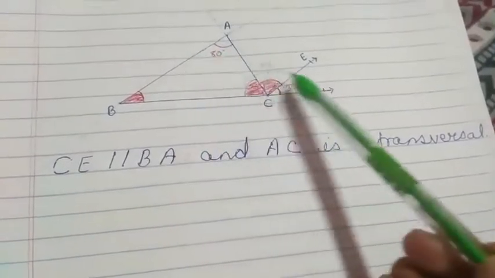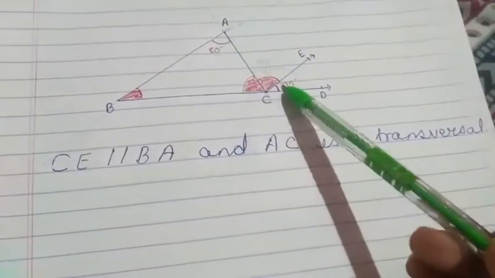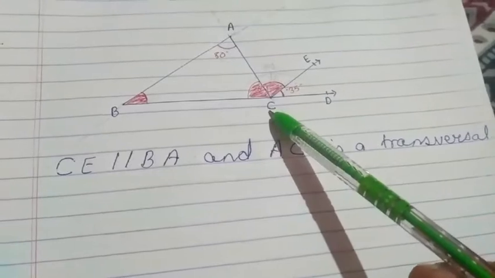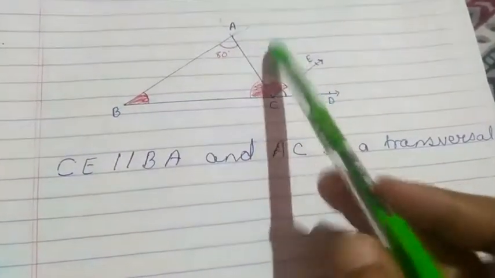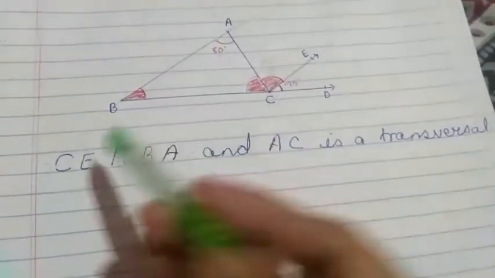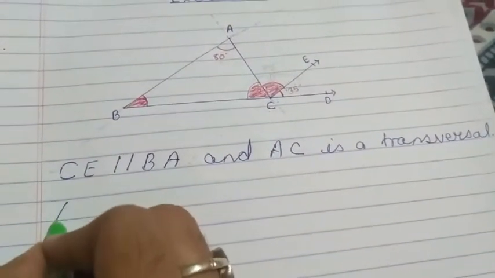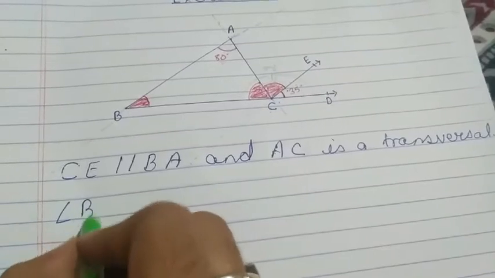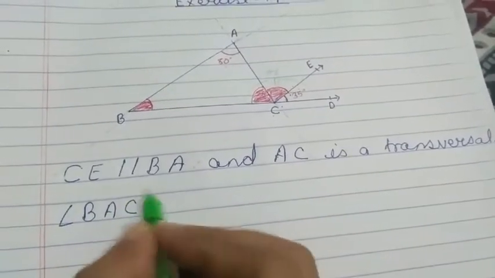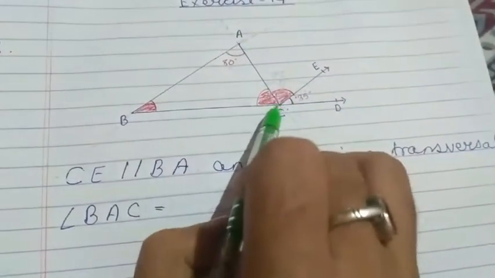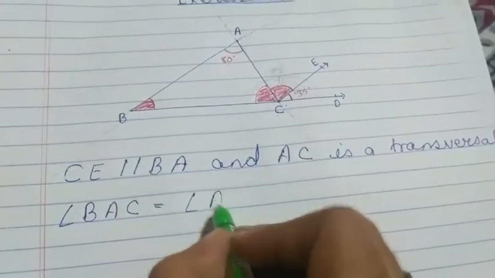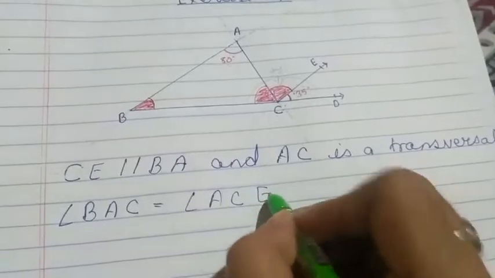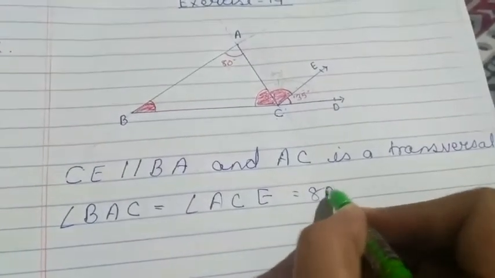So when both lines are parallel and AC is a transversal, that means angle BAC equal to angle ACE equal to 80 degrees.